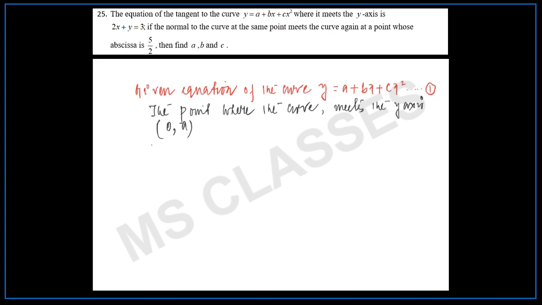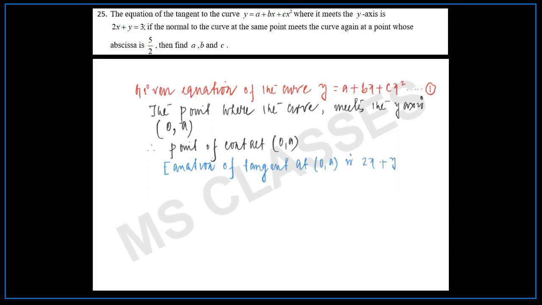So therefore, point of contact is 0 comma a. Now it is given in the question that at this point equation of tangent is given. So equation of tangent at 0 comma a is 2x plus y equal to 3.